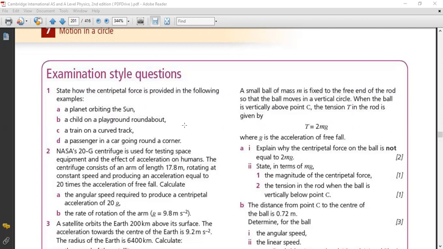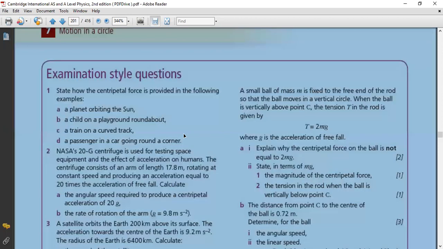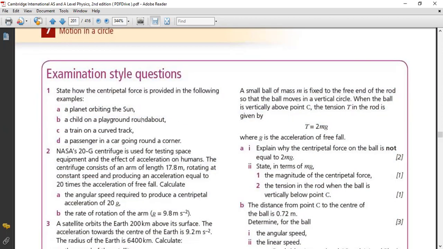Actually, in this case, a child on the playground roundabout, and you have seen that on the playground there are roundabouts. We know that centripetal force will be the net force towards the center. So the weight of the child will not provide the centripetal force.